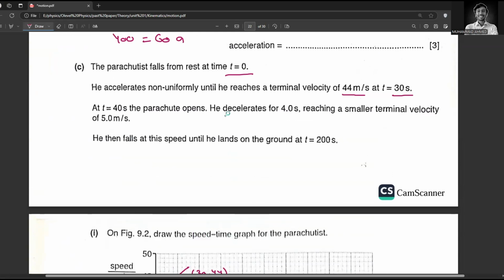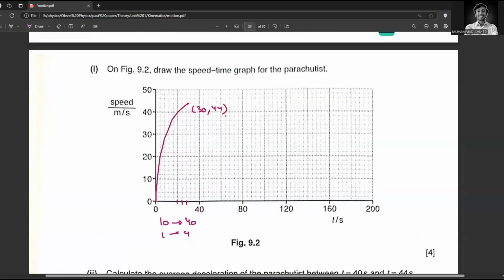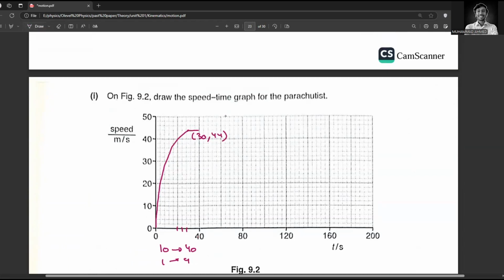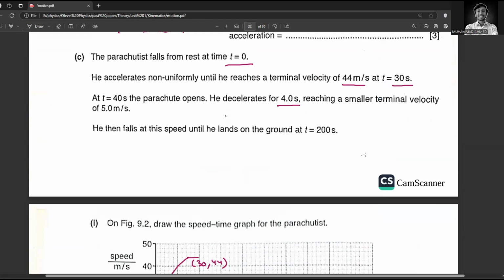Okay, at time t equals 40 seconds, the parachute opens. He decelerates for 4 seconds. So from 30 seconds to 40 seconds, he is falling at the same speed, something like this. And at 40 seconds, his parachute opens.